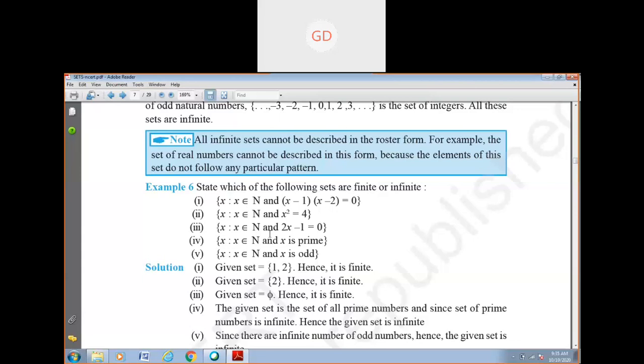So that means no element exists here. No natural number exists which satisfies the second condition, 2x minus 1 equal to 0. So no element exists, and the number of elements in this set is obviously 0.